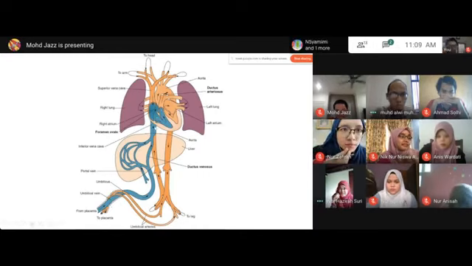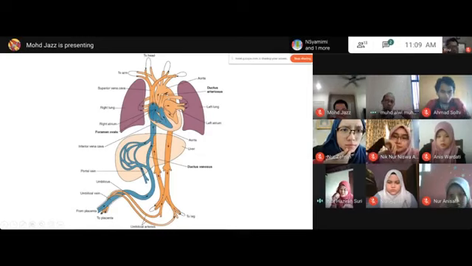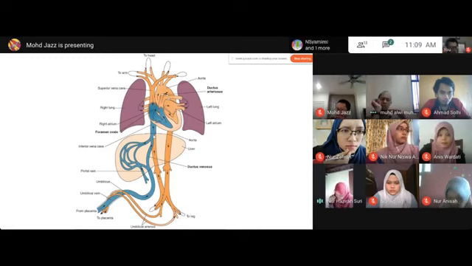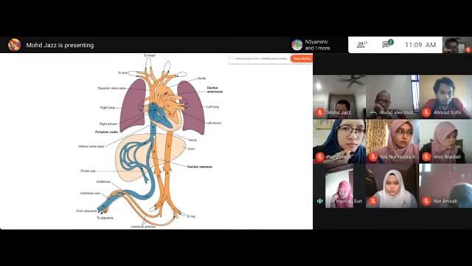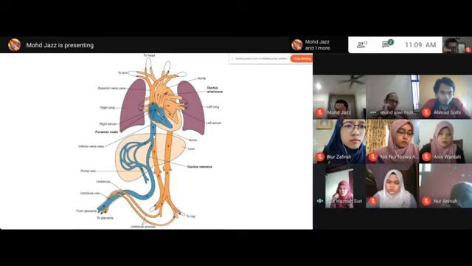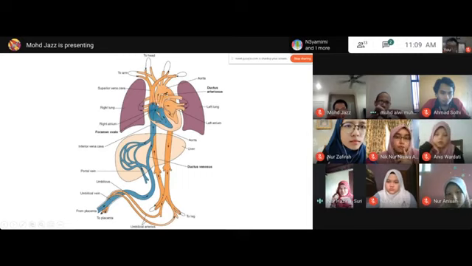So at this point, when it is combined, the PO2 is only around 26 to 28 millimeters of mercury. So this combined blood from the inferior vena cava will go into the right atrium, and then in the right atrium it will pass through the foramen ovale to the left atrium instead of going to the right ventricle.